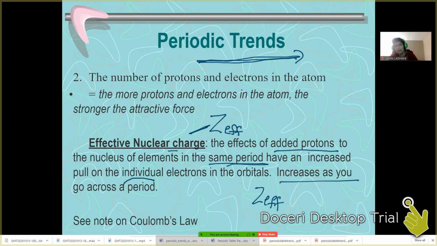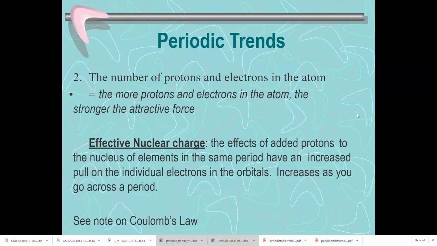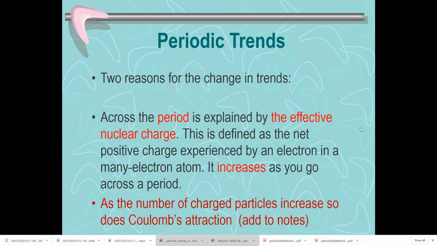So effective nuclear charge, or Z-eff, is what you see that causes the trends within a period. So we have one thing that causes them within a group, and then another thing that causes them within a period. I'm going to skip a couple of slides because they're kind of just repeats.